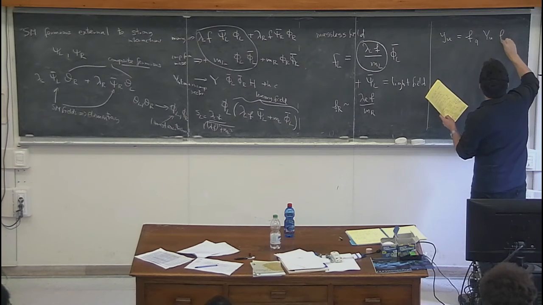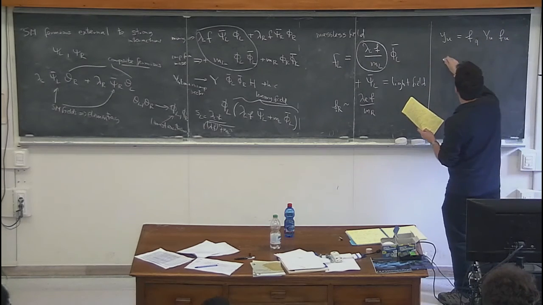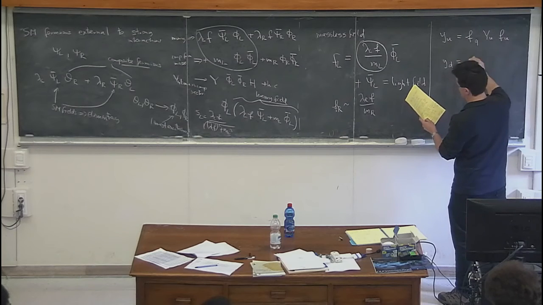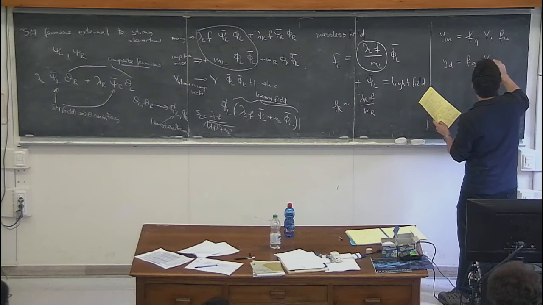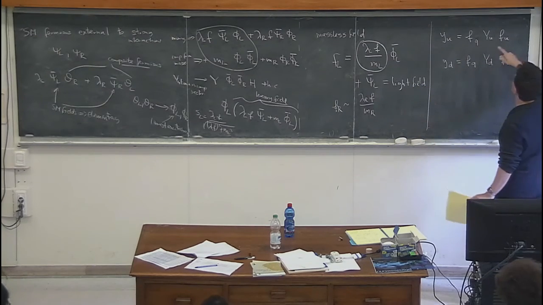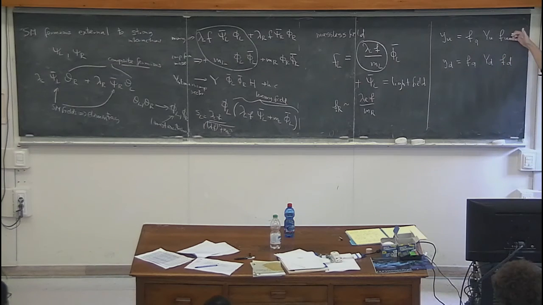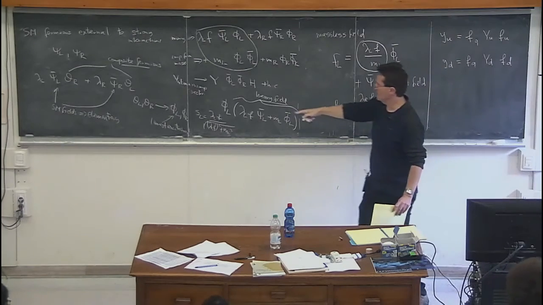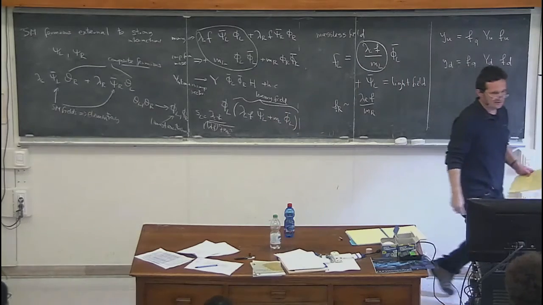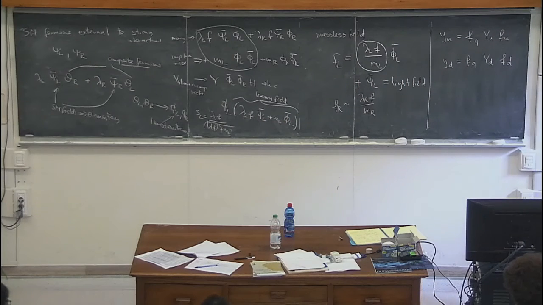This is the formula that is usually written, and then Y down is F_Q Y down F_down. So these Q's are the F lefts, and this is the F right for the up type field and for the down type field, and these Y's again are the Yukawa couplings that you have written for the up type and the down type fields.